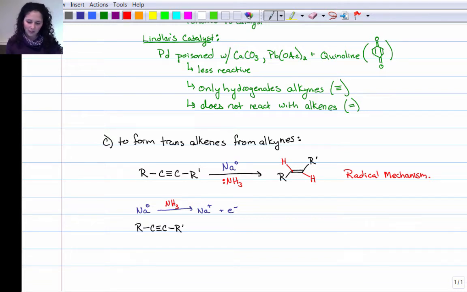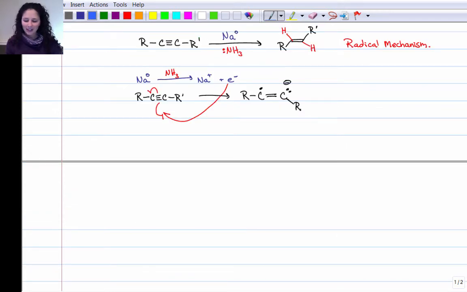So here the electron itself will directly attack the alkyne, and it reacts with the pi bond in the alkyne. So what we get here is this interesting anionic radical species. So the carbon with the radical is sp hybridized, and that radical is in a p orbital.